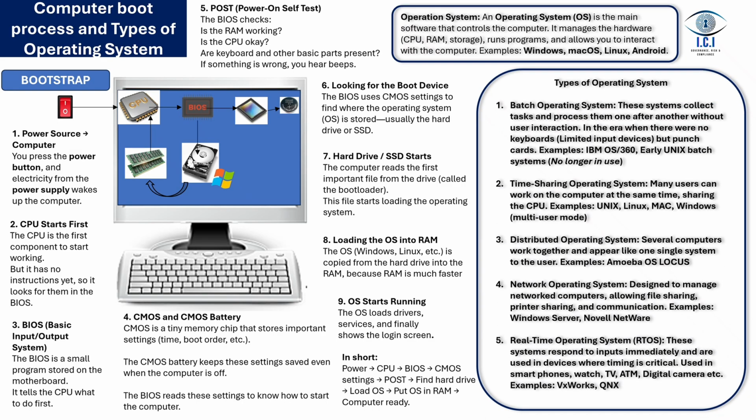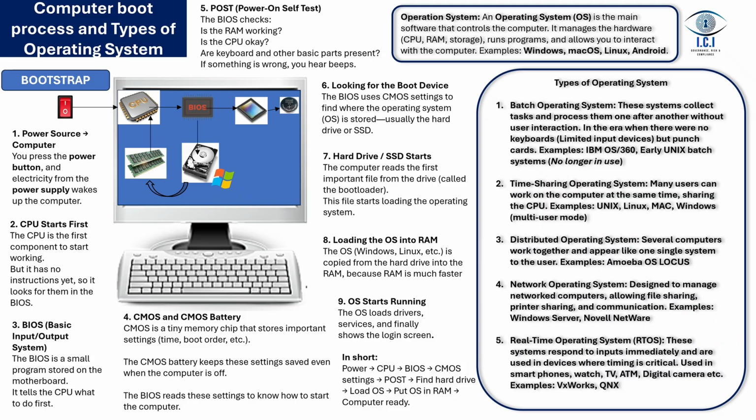So this brings us to the types of operating system. We have various types of operating system, starting with the batch operating system. In a batch operating system, the system collects tasks and processes them one after another without user interaction.